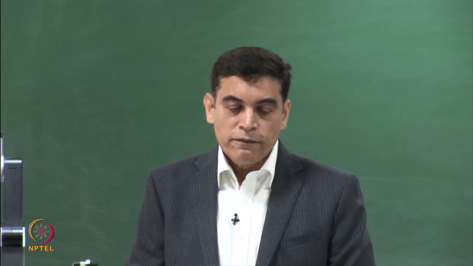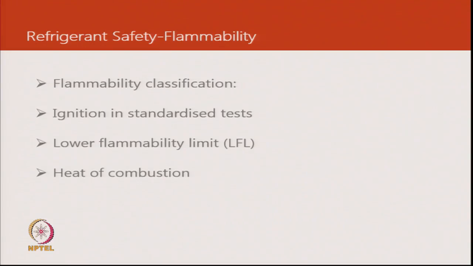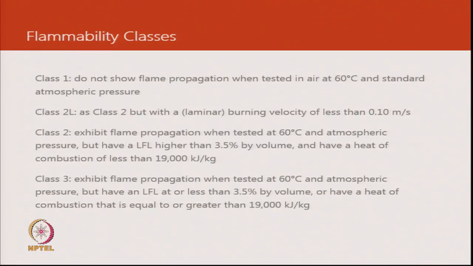And then there is a flammability classification, based on ignition, lower flammability limit, heat of combustion, a whole lot of parameters. So what are the three classes of flammability? Class 1 is that the refrigerant shows no flame propagation when tested in air at 60 degrees at standard atmospheric pressure.